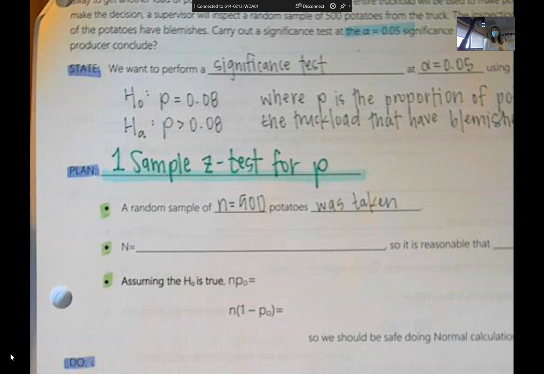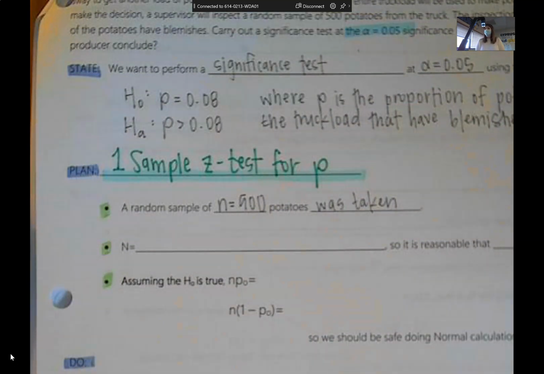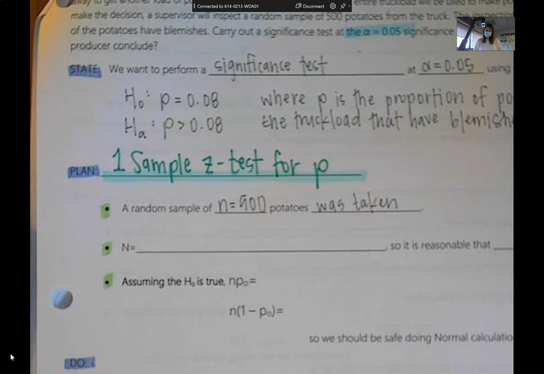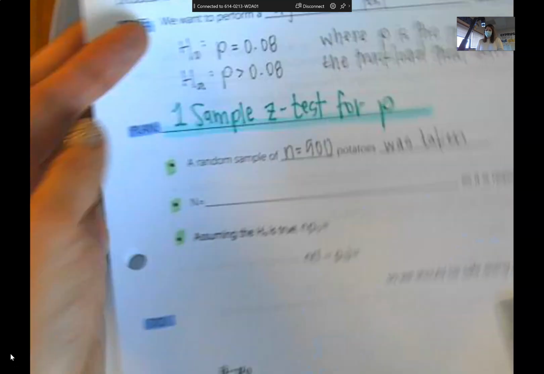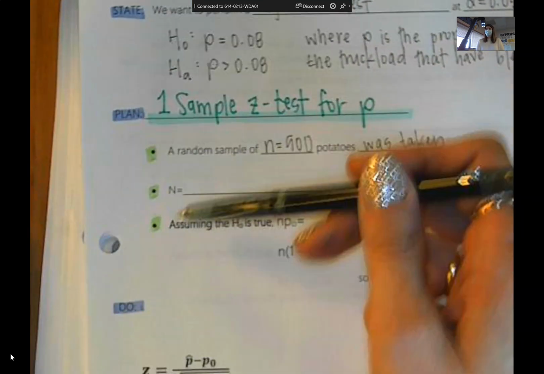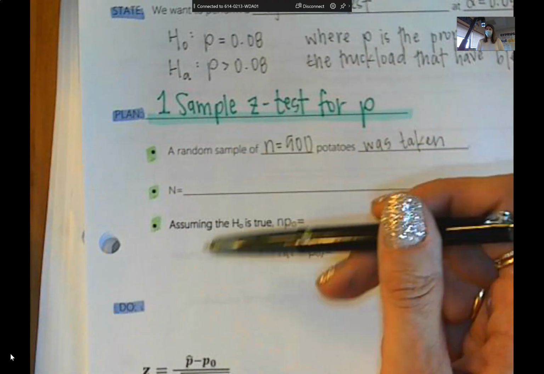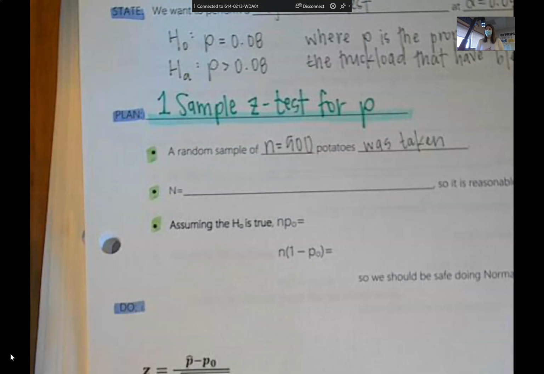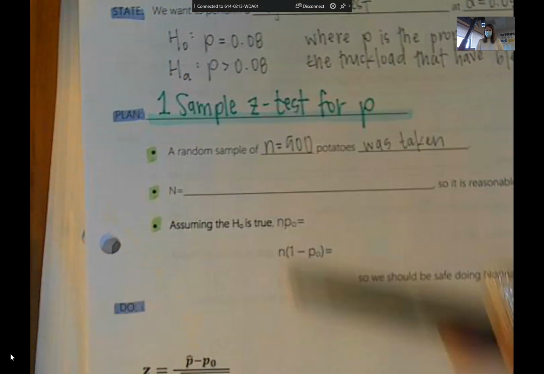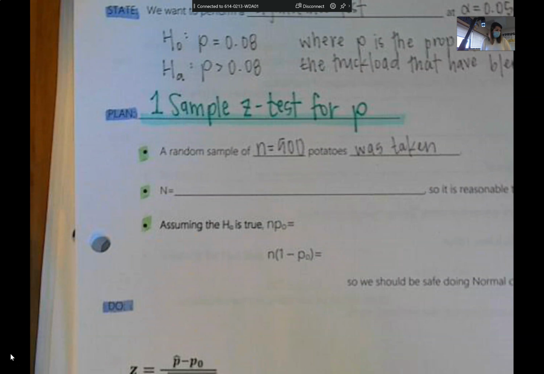Next, I would usually check large counts, but for some reason I switched them. It doesn't matter what order you check them in, but on the previous page it's randomness, large counts, 10%, so these are flipped, but that's okay.